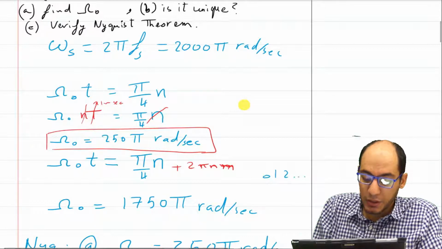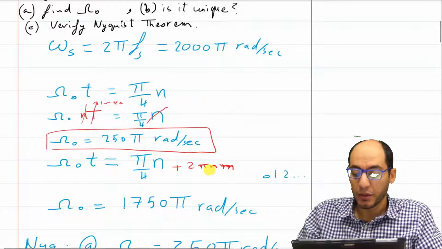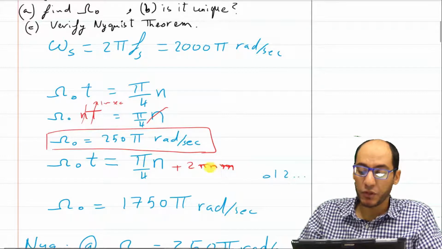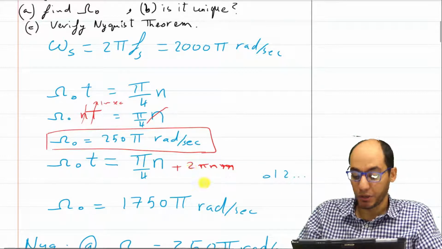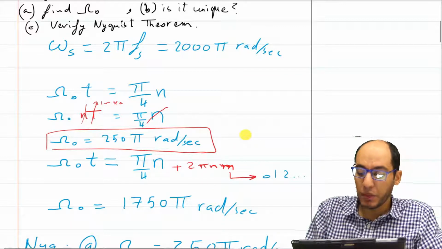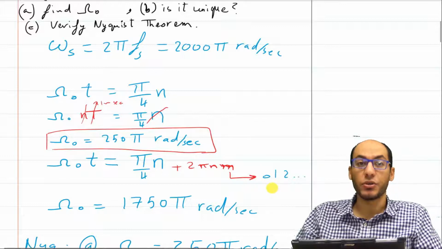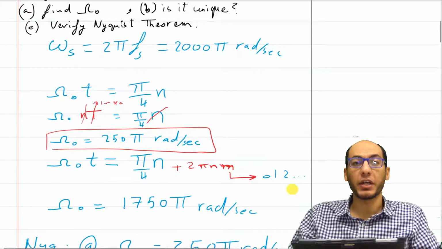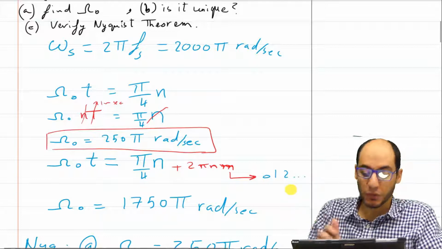I chose this integer to be n multiplied by m, because I want the value of n to be cancelled in the entire equation. What is m? M is an integer: 0, 1, 2, 3, and so on and so forth. It could be -1, -2, and so on as well.